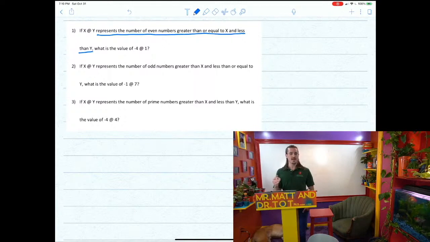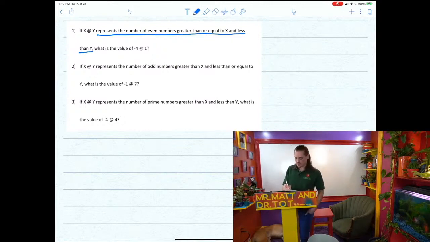So we cannot count the maximum value, but if the minimum value satisfies the condition we're looking for, then we can count the lower bound. The upper bound we can't count because it's exclusive.